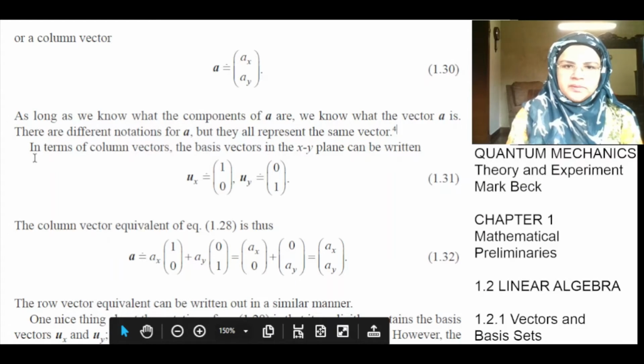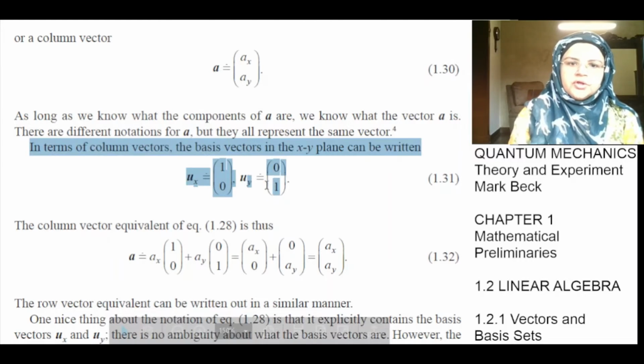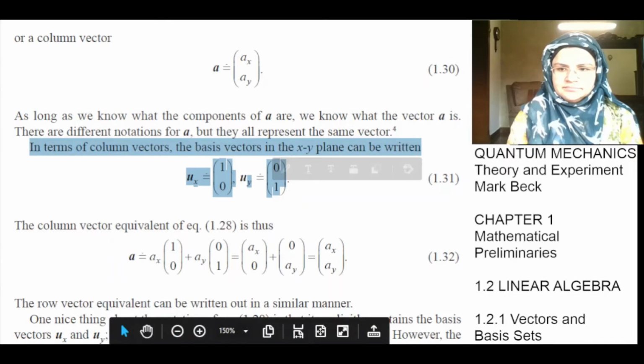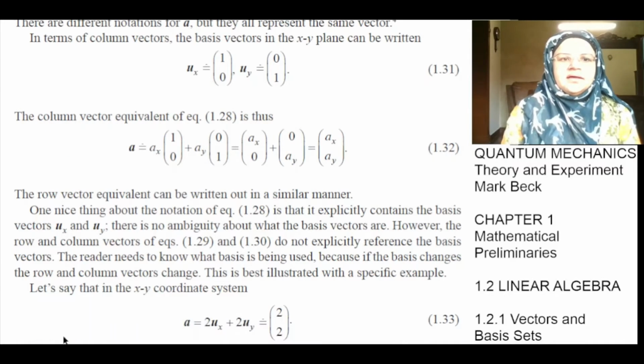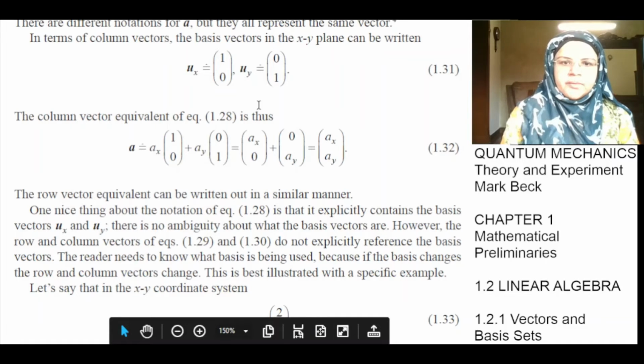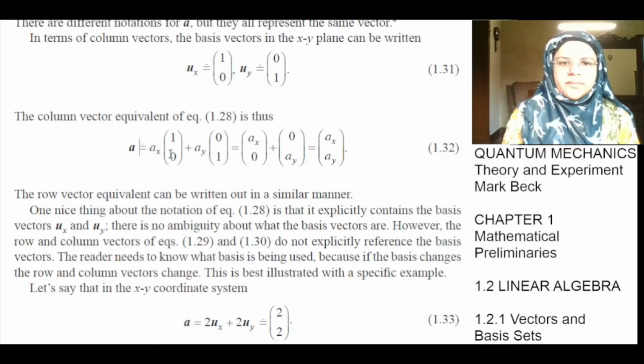In terms of column vectors, the basis vectors in the xy plane can be written as ux = column (1, 0), uy = column (0, 1). The column vector equivalent of equation 1.28 is thus A = ax ux + ay uy.